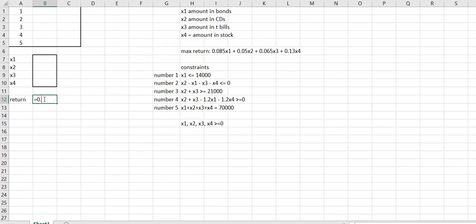Equals 0.085 times B7, which is X1, plus 0.05 times B8, which represents X2, plus 0.065 times B9, which is X3, plus 0.13 times B10, which is X4.